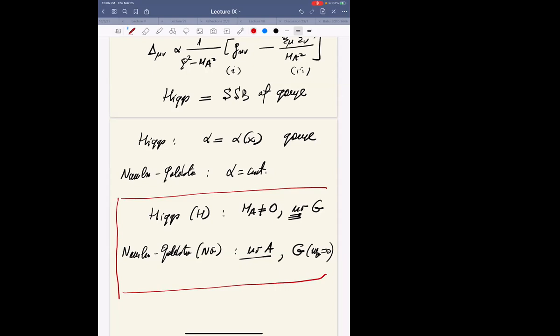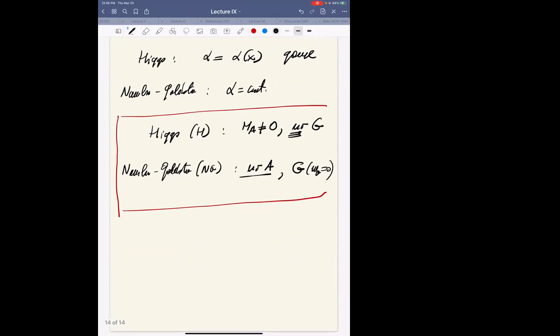So I have a question. If it's true that in the Nambu-Goldstone case, I have a Goldstone boson and G disappears, how shall I get that? So my question is, how to go from Higgs to Nambu-Goldstone?